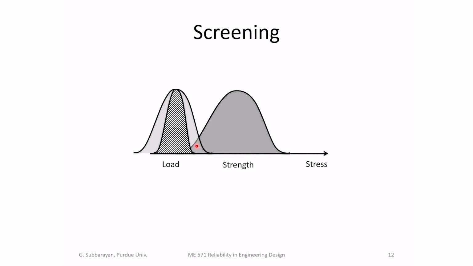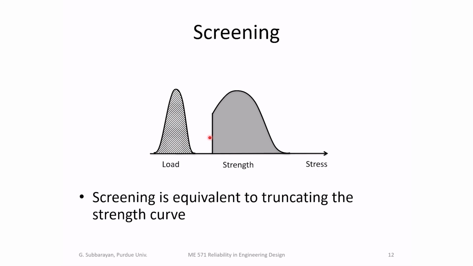And some of them will fail, or many of them will fail. And as a result of that, what I've done now is to increase the safety margin, because I've now eliminated that population that was potentially susceptible to load strength interference by applying a larger load. So this is screening. So screening is equivalent to truncating the strength curve.